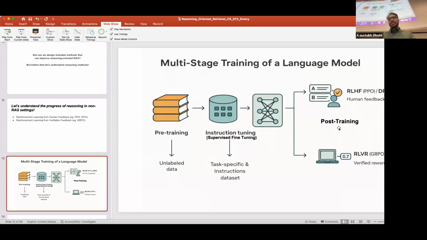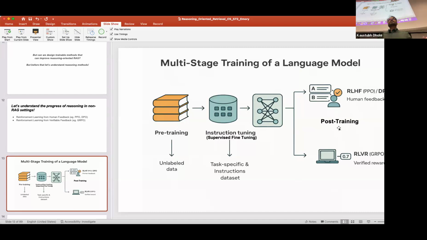And the other alternative is RLVR, reinforcement learning from verifiable rewards. Here, essentially, the feedback does not come from humans, but from automated executions.